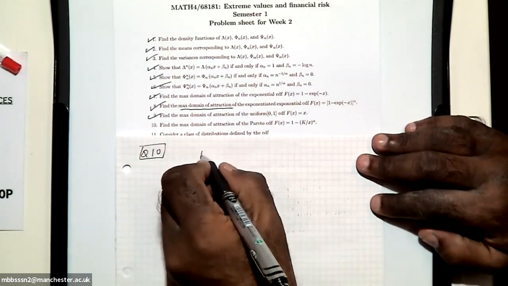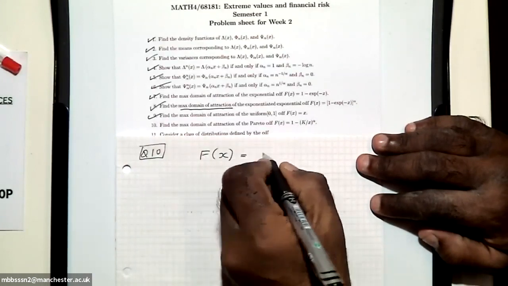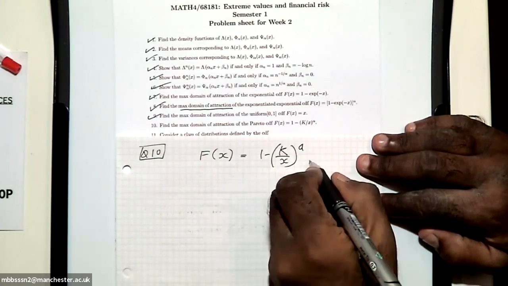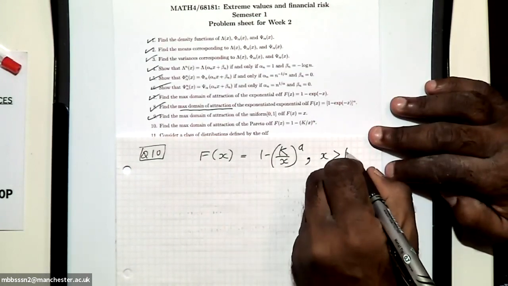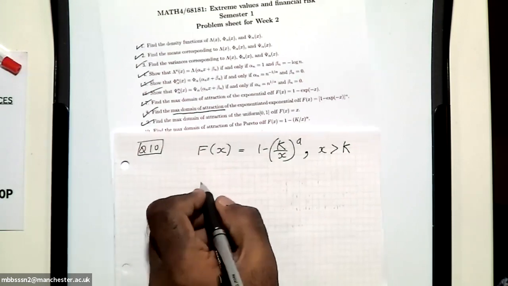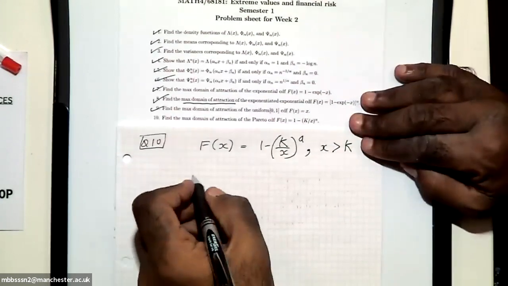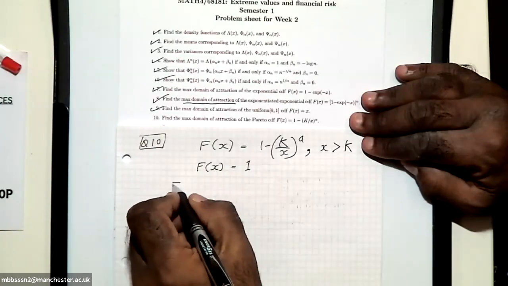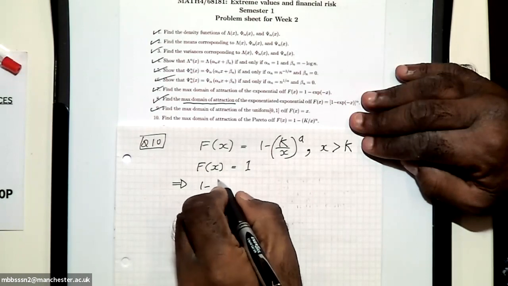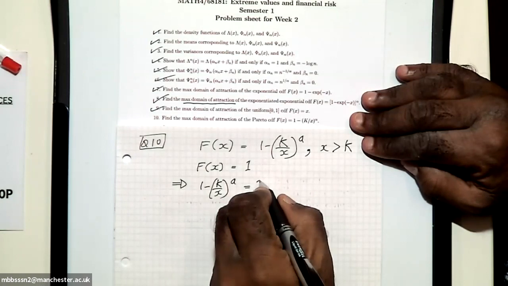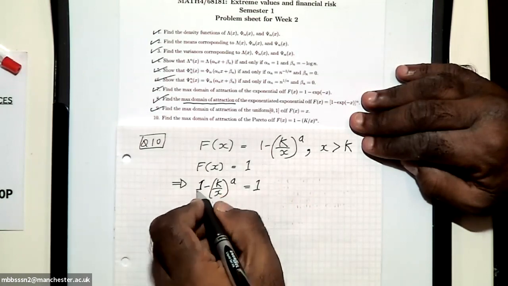Question 10: you have F of x equal to 1 minus k divided by x to the power a. You should say x is greater than k, although the question doesn't say that. The first thing you need to figure out is what is w of F. So you put F of x equal to 1, which implies that 1 minus k over x to the a equals 1.